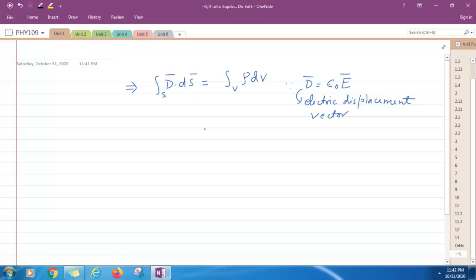Okay. Now this side we have surface integration, and this side we have volume integration. Now to compare both sides, we have to convert this surface integration to volume integration. What we will do? We will use here Gauss divergence theorem.